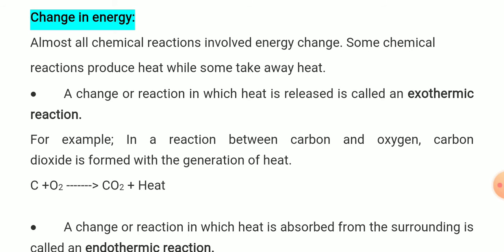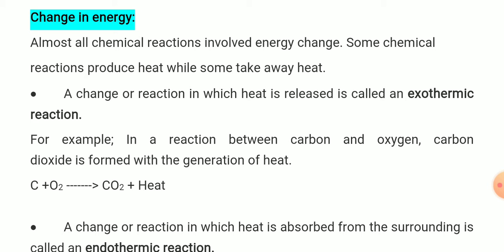First, energy change. Almost all chemical reactions involve energy change. Some chemical reactions produce heat while some take away heat. A change or reaction in which heat is released is called an exothermic reaction. So exothermic reactions are those reactions which produce heat.